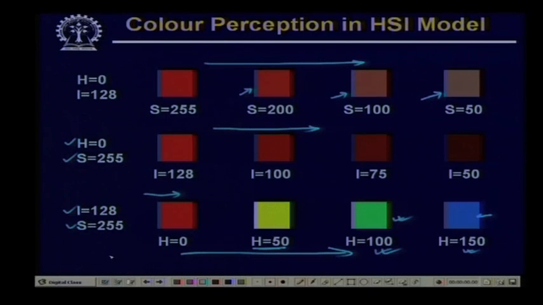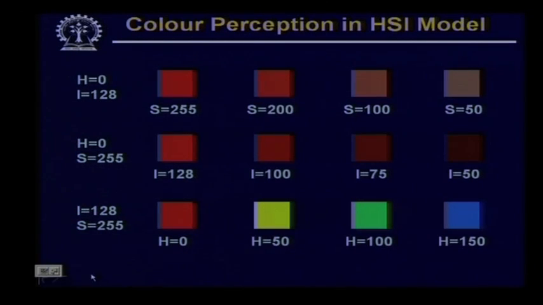With this we have introduced the various color models. We have introduced the RGB color space, the CMY or cyan, magenta and yellow color space, and also CMYK, that is cyan, magenta, yellow and black color space, and we have also introduced the HSI color space.